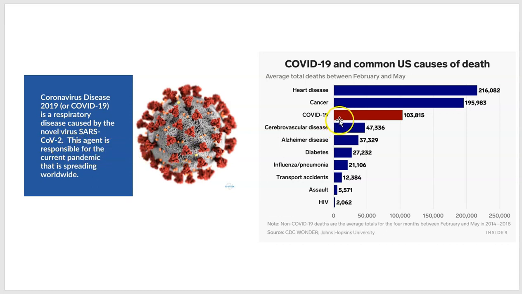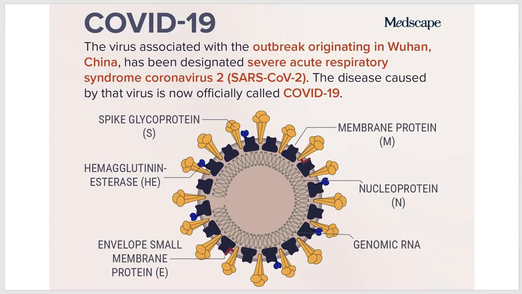It's no joke. In just 5 months, from February to May, it is the third leading killer in the U.S. Heart disease, cancer, then COVID-19. The virus itself can be shown here in a picture like this. It's got this membrane, so this is the boundary of the virus. Stuck in the membrane are proteins, like these spike proteins, and other proteins are inserted into the membrane.